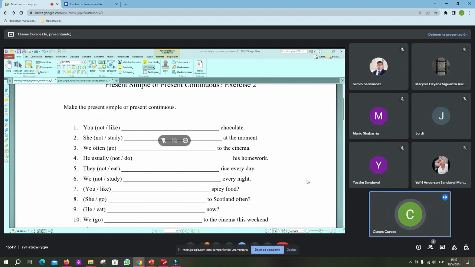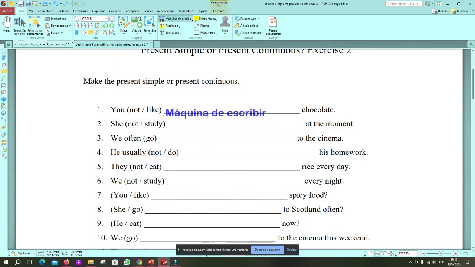Okay. So it says, make the present simple or present continuous. You're going to decide. It depends on the verb maybe or the expressions that you have at the end, right? For example, let's do the first one together. There you have, between parentheses, not, like, that will be the verb, and then you have chocolate at the end.